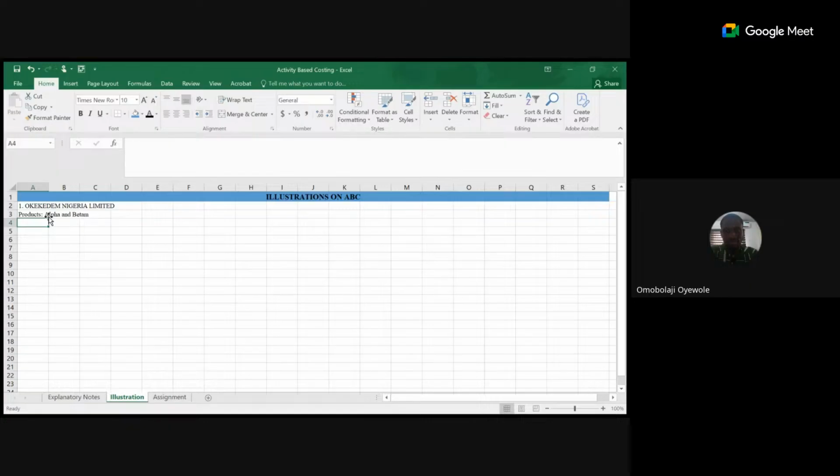We have alpha and beta. We have annual production in units, direct labor time per unit in hours, number of special parts per unit, number of setups per batch, number of sales invoices issued per year, number of separate materials issued per batch, and batch size in units.